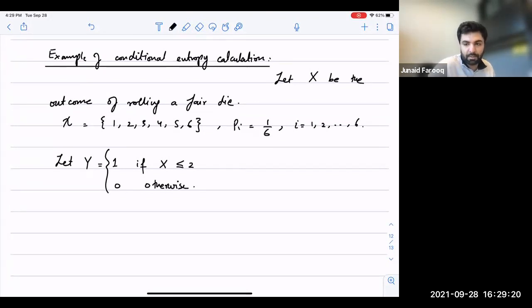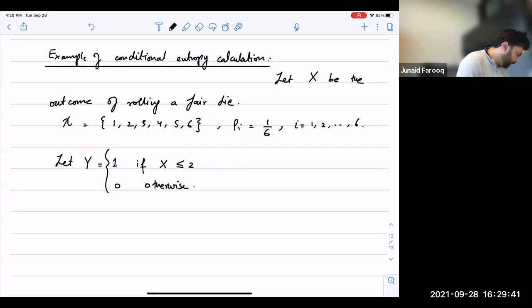X is the outcome of rolling a die, and Y depends on what X is. If X is less than or equal to 2, then Y is 1, otherwise Y is 0.